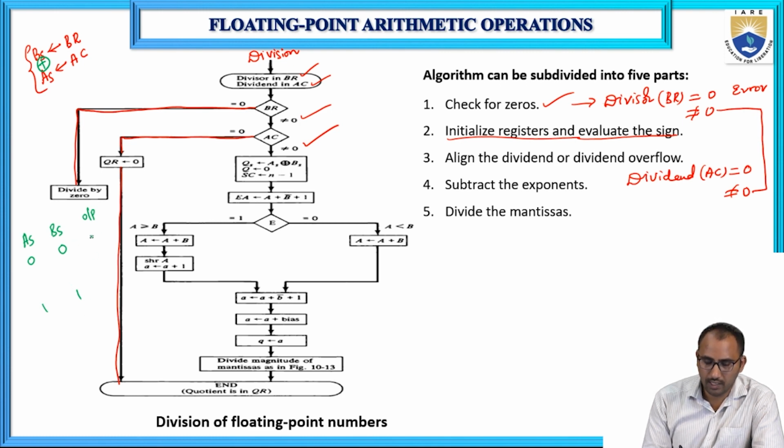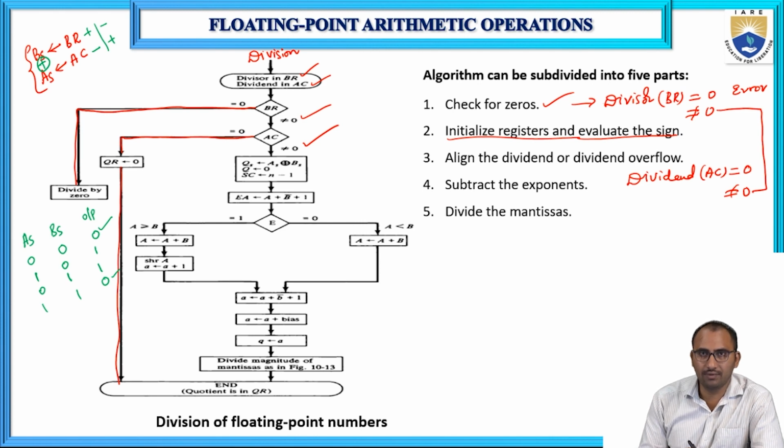So if the numbers have the same sign, the sign of the quotient is positive. If the signs are different, like 1, 0 or 0, 1, that means one number is positive and the other is negative, or vice versa, and in those cases the sign of the quotient is negative. In that way, we determine the sign of the quotient.